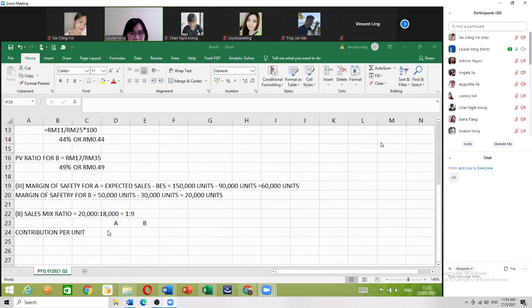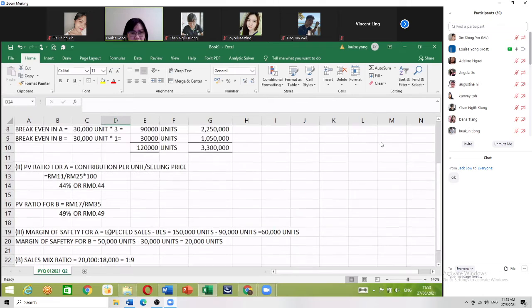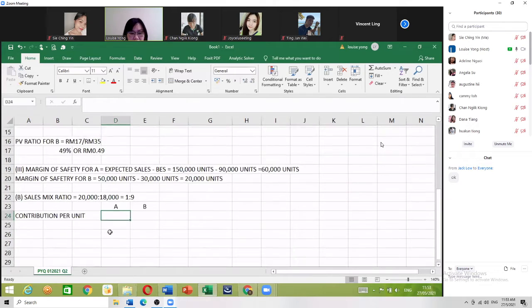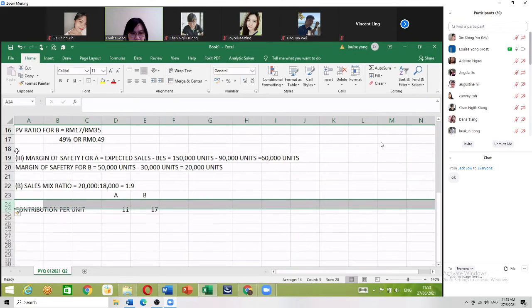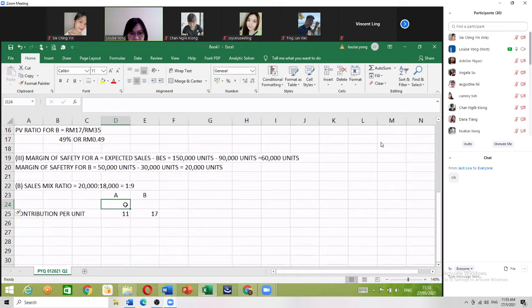Sorry, okay, so contribution per unit for A is 11 dollars, and this is 17 dollars. And then here I put total.